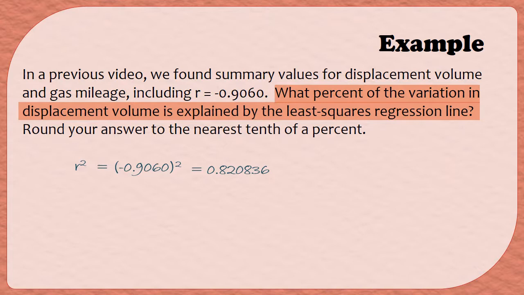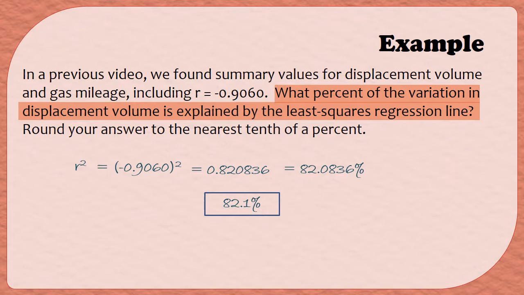You can do that by either moving the decimal point to the right 2 places or multiplying by 100. Either way, you'll get 82.0836%. The very last step of this problem is to round our answer to the nearest tenth of a percent. So the 8 in the hundredths place is going to cause the 0 in the tenths place to go up. So our final answer is 82.1%.